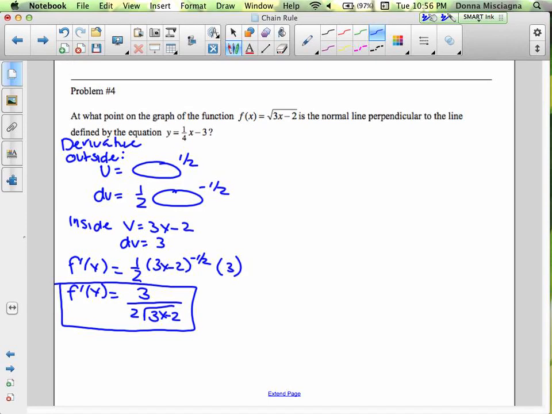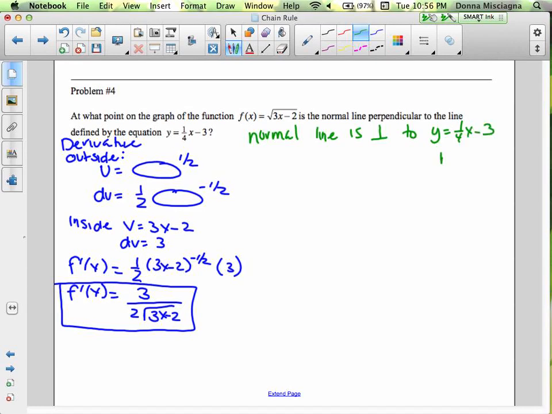So, normal line, if that's our slope, right? Well, let's work our way backwards. If the normal line is perpendicular to y equals 1/4 x minus 3, right?